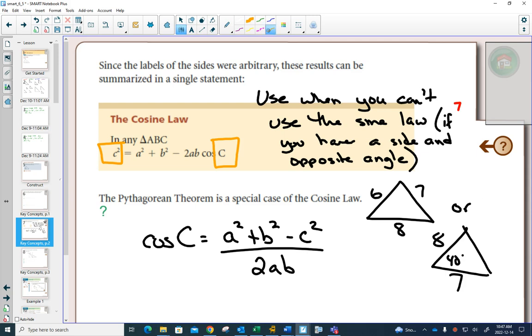Again, the only thing you have to really worry about is that whatever angle you're talking about goes with this side. For the other sides, what you use for a and b, the order doesn't matter. It's just really important that the C goes with the C, and those are always opposite angles. So we're going to see what that looks like in our first example.